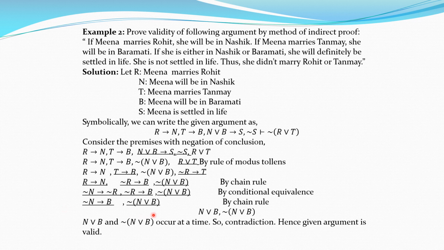So we get N or B and negation of N or B remains as it is. Now N or B and negation of N or B are occurring at a time. So, contradiction. Hence the given argument is valid.